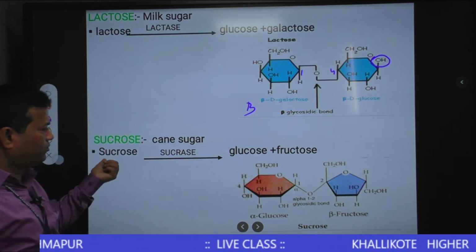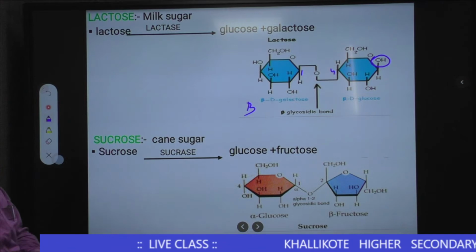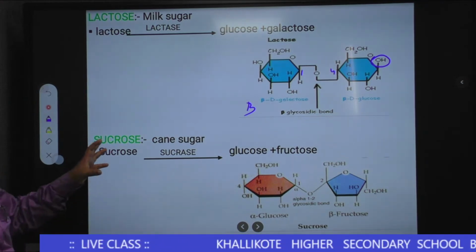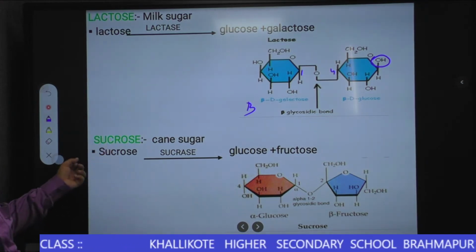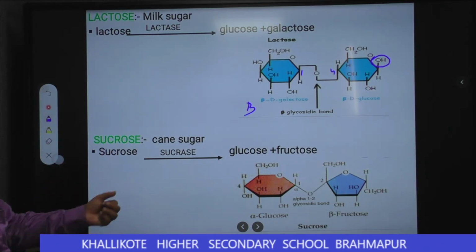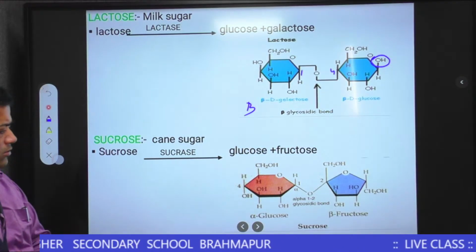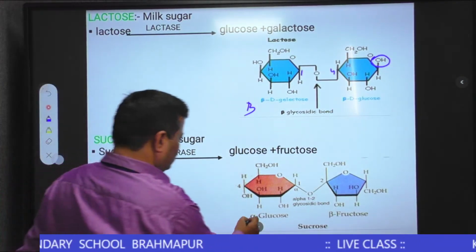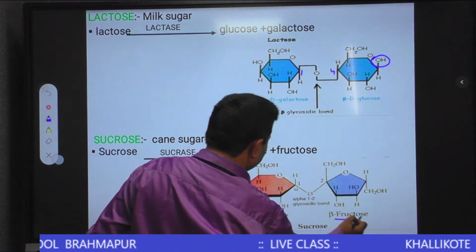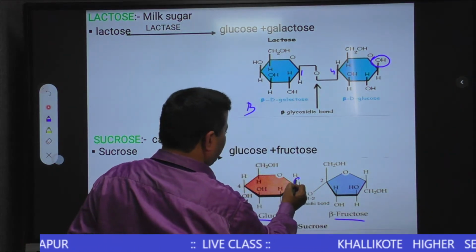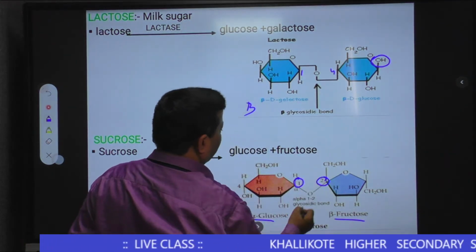Then comes sucrose. Sucrose is also called cane sugar, commonly found in sugar cane. Sucrose on digestion in the presence of the enzyme sucrase forms glucose and fructose. Here alpha glucose, here beta fructose. Here is the first position, this is the second position of the carbon atom.